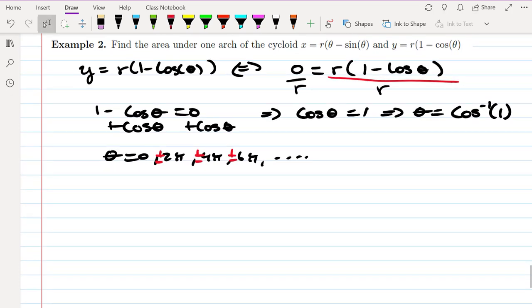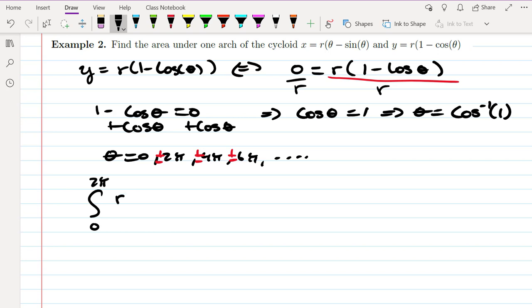So we need to find the area under one arc. So that's going to be the integral from 0 to 2 pi of y dx.